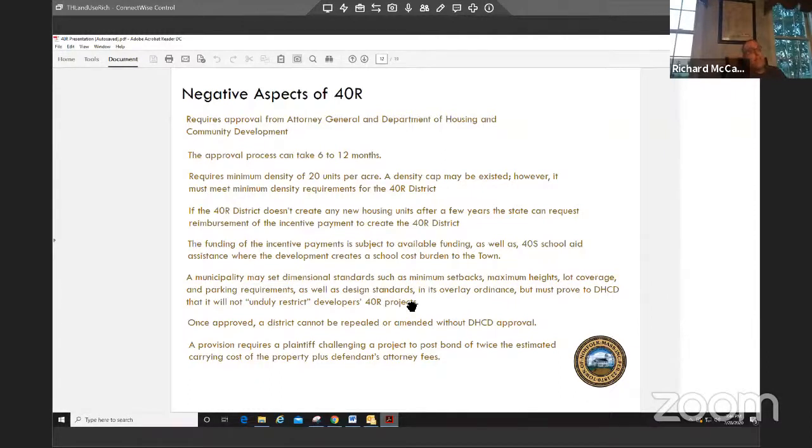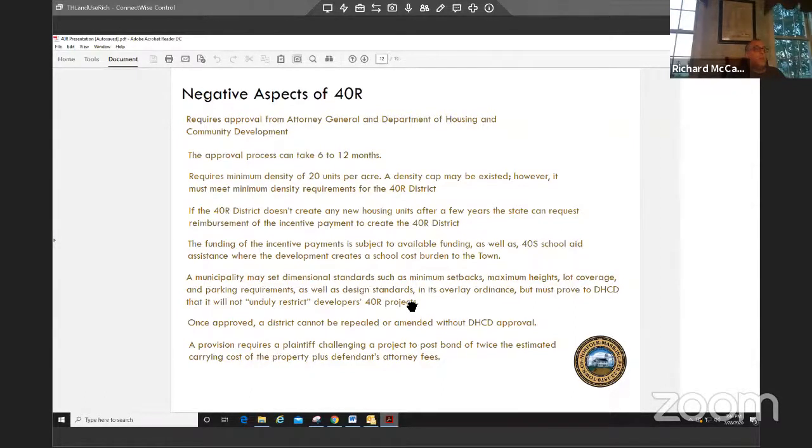Now, at the end of the day, if the town goes forward with the 40R process and we have a set of standards that we want to implement and it doesn't meet muster with the state, then we don't have to proceed with it. And there are towns that have applied and for this particular reason, and others, decided not to go ahead, and some have flipped over to be a 40B.